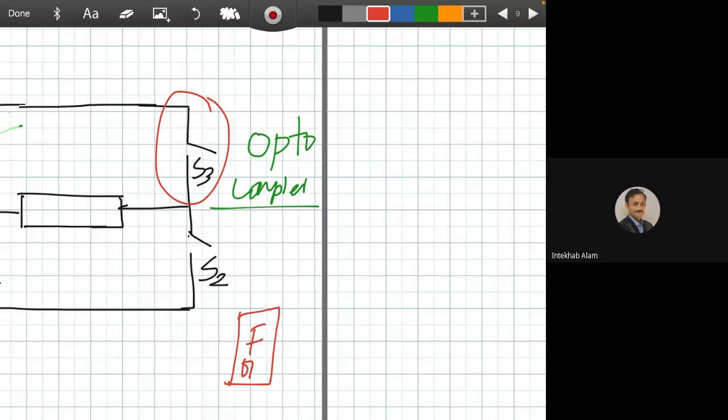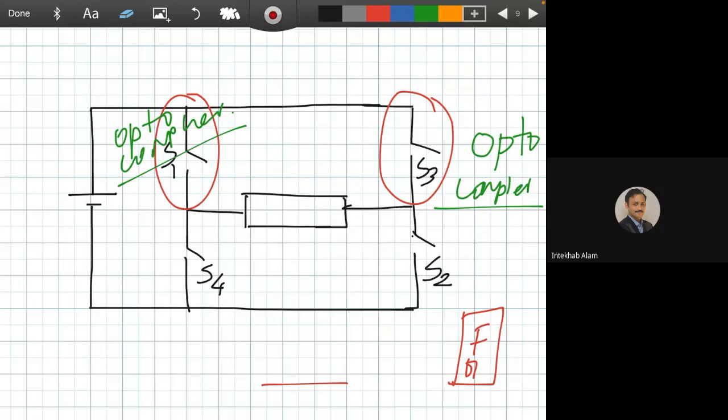Now it's good. There are switch S1 and S3.